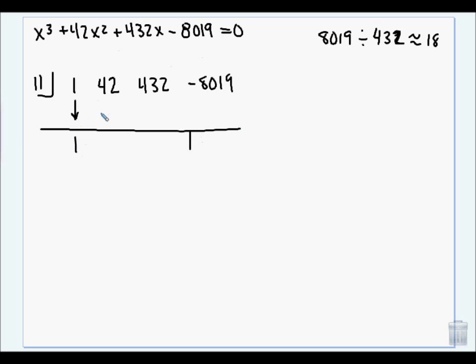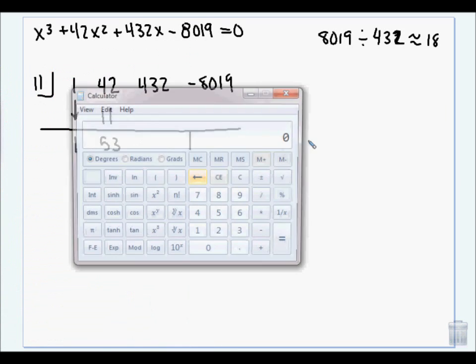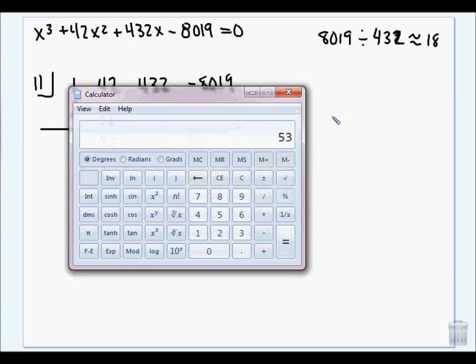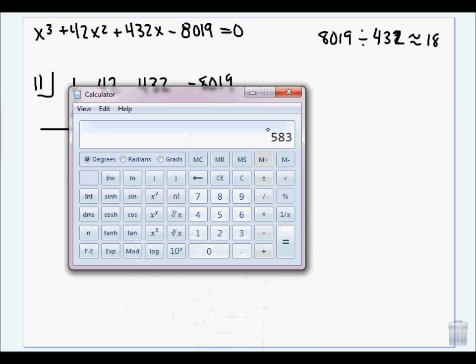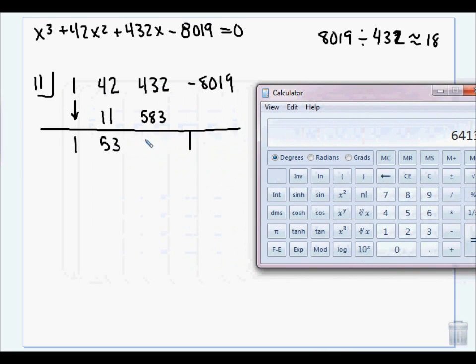Okay, bring down that 1, and I get 11, which gives me 53. So that's 583. Okay, this is probably going to be too big. Yeah, this is going to be too big.